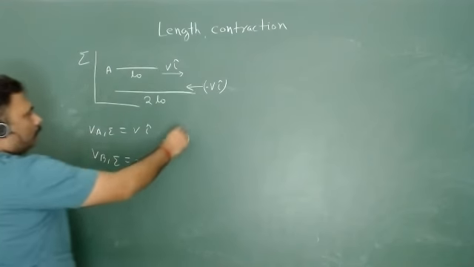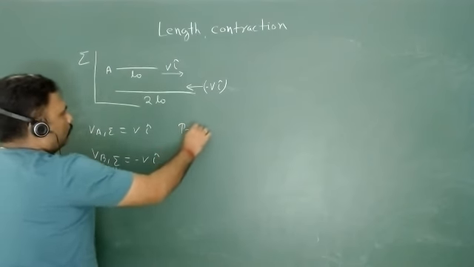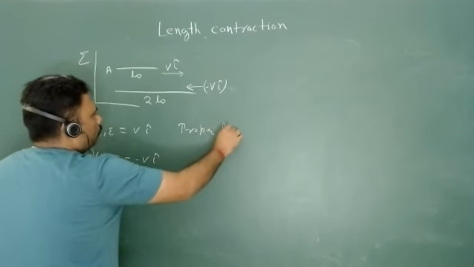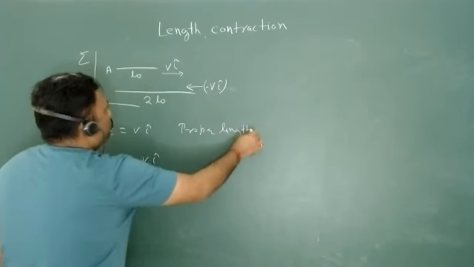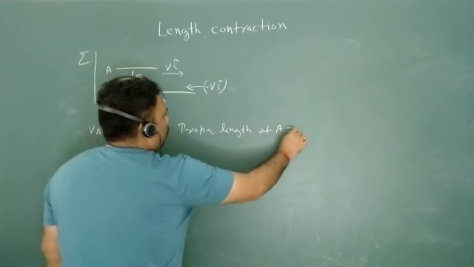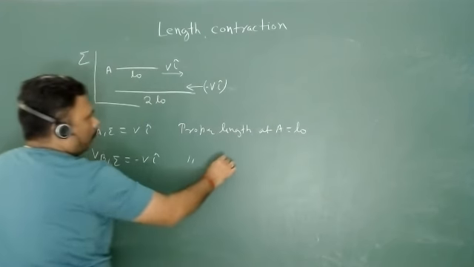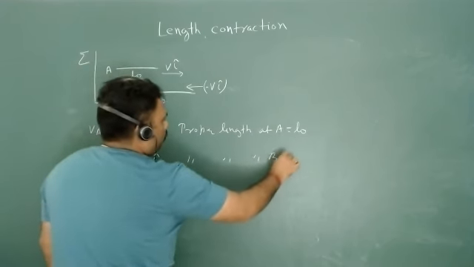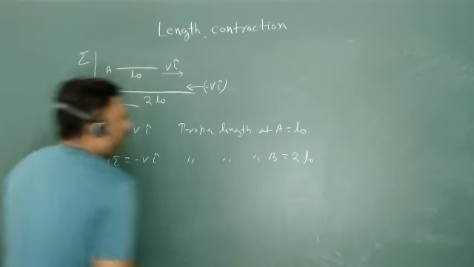The proper length of A is equal to L naught. The proper length of B is equal to 2L naught. It is given.